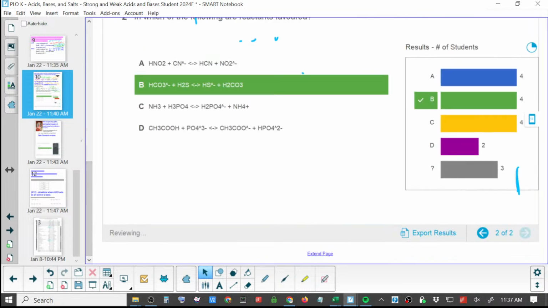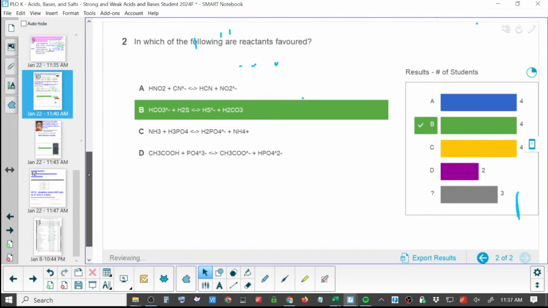Okay, next one. According to this, everybody picked everything. I looked this one up for the other class, so I'm pretty sure about this one. Which of the following are the reactants favored, which means the strongest acid has to be in the products, which means I think H2CO3 is much stronger than H2S, so that's definitely true.